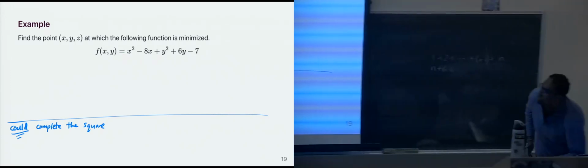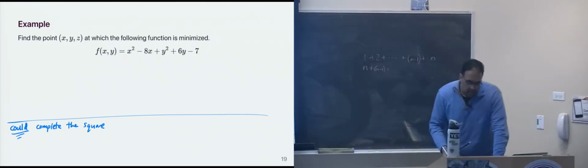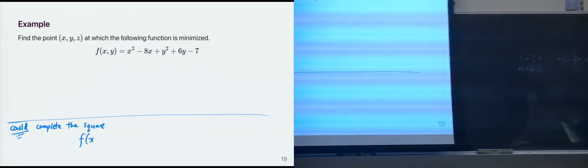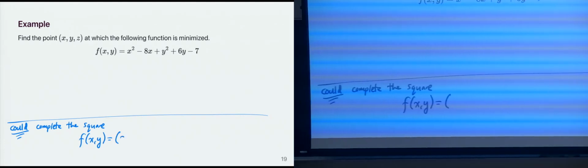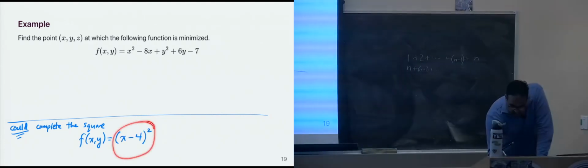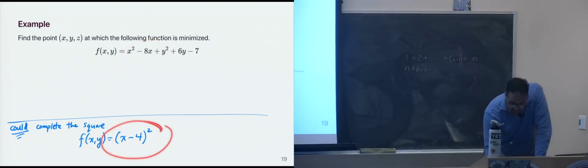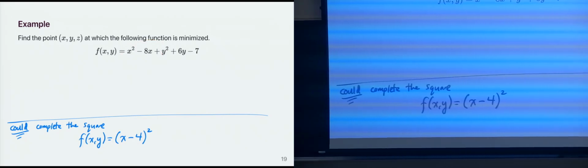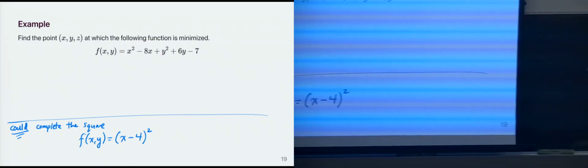Well, you can look at x squared minus 8x and say, well, that looks an awful lot like what I would get if I had x minus 4 squared. What's the issue? This is not exactly this, because this term down here gives me an extra plus 16 when I expand it out. So to account for that, I do minus 16.